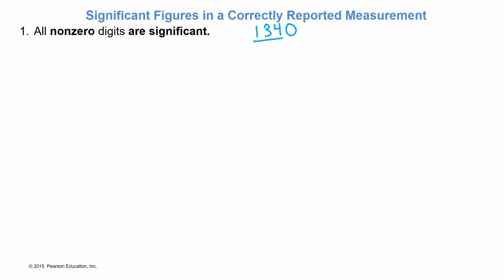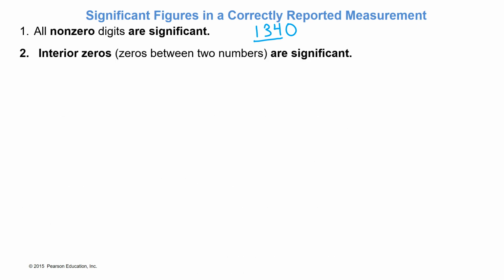All right. So the reason I can't call this zero significant is because it's most likely rounded. This number might actually be something like 1,335 or 1,338, and I just rounded it and got that number. So that's the first rule: all non-zero digits are significant.